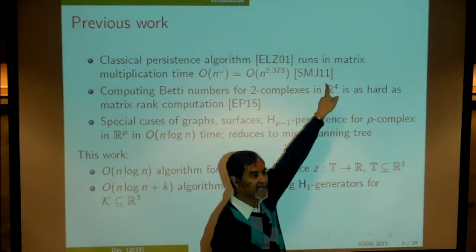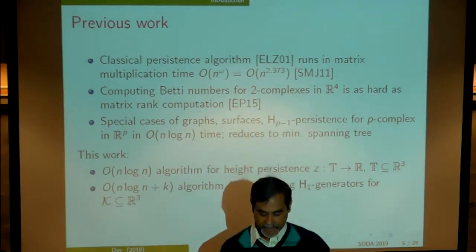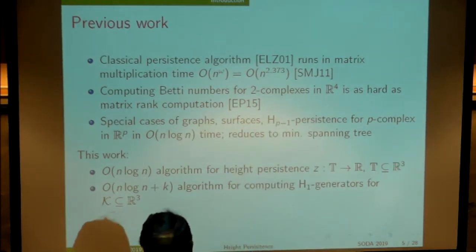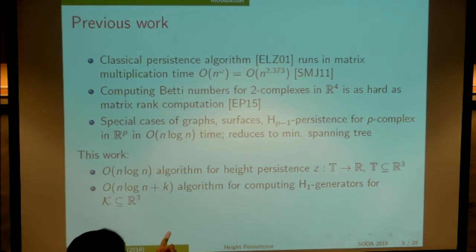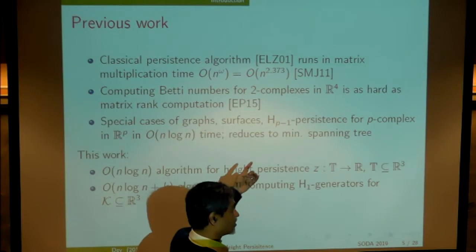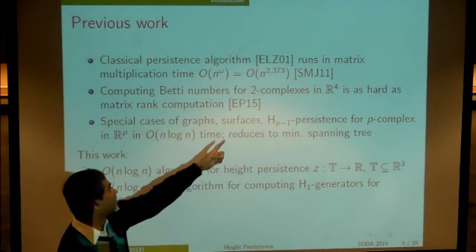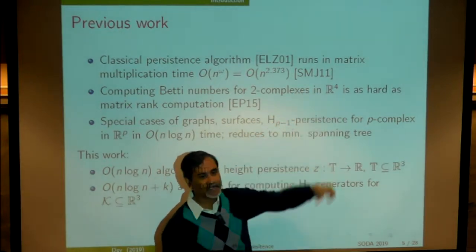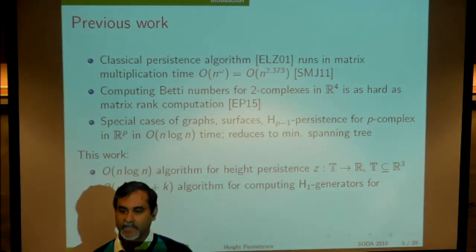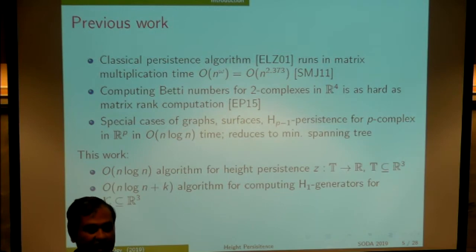I think probably the matrix multiplication time algorithm for persistence should be credited to this reference rather than the usual one we give, because this is much earlier than what Morozov and others did. This algorithm actually computes something called the earliest basis computation, and there is this hidden persistence algorithm already there. It computes the bars. If you read it properly, it's already there.